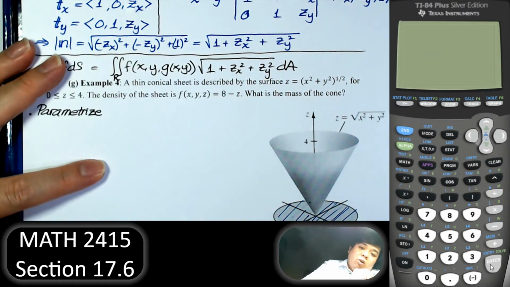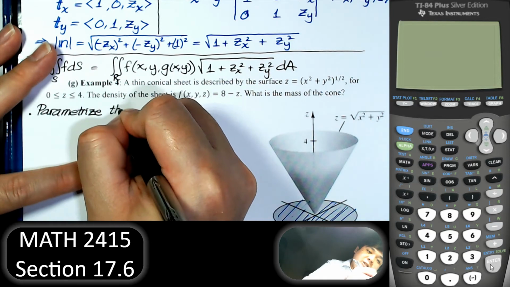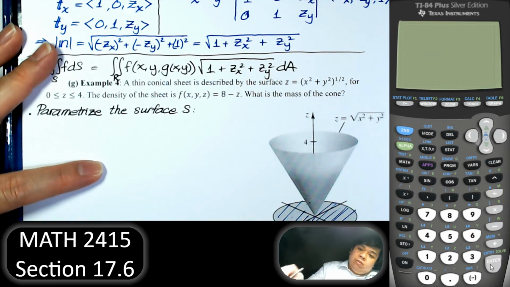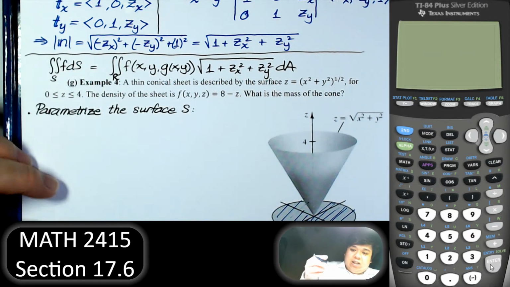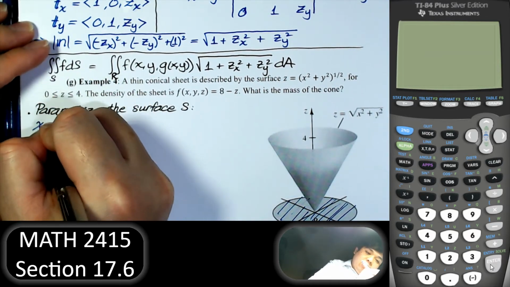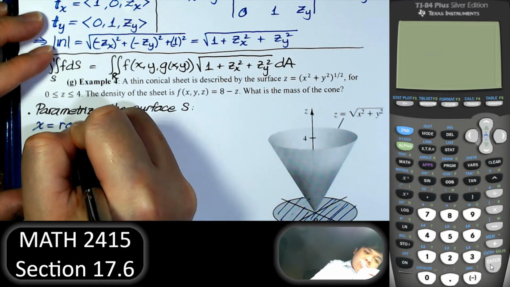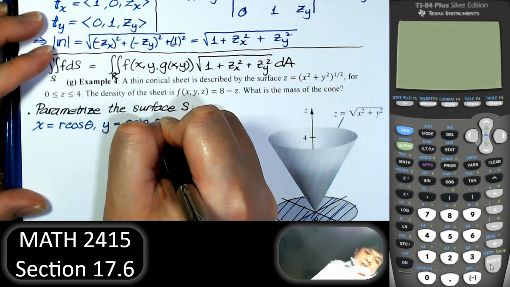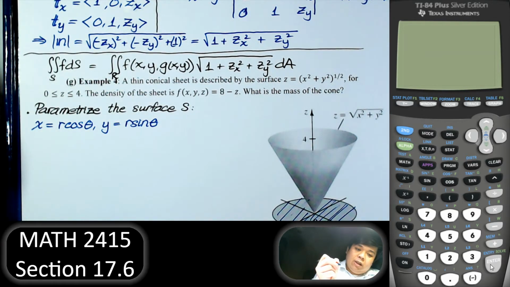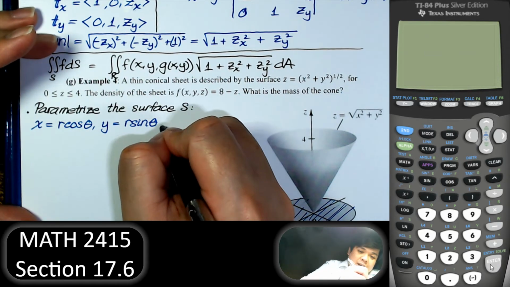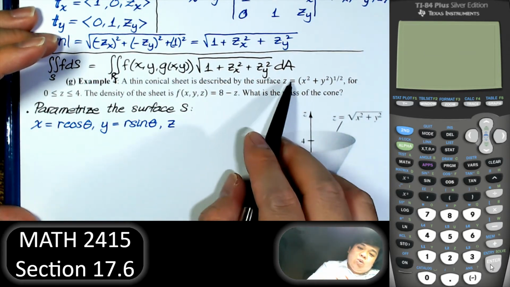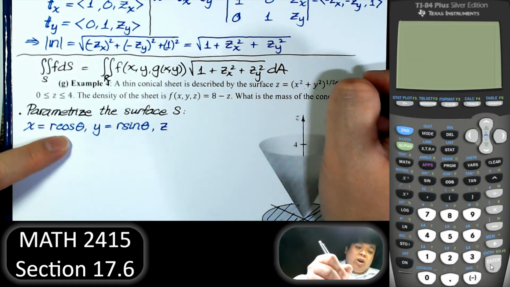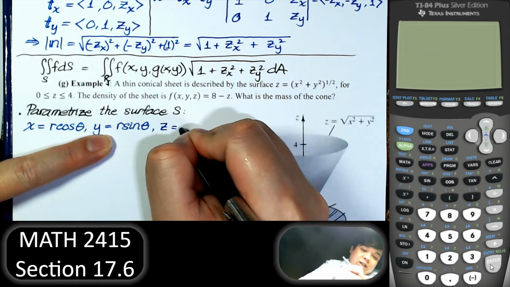So first, parameterize the surface. For that disk, x equals r cosine theta, y equals r sine theta, and z equals the square root of x squared plus y squared, that is, x squared plus y squared to the 1/2.